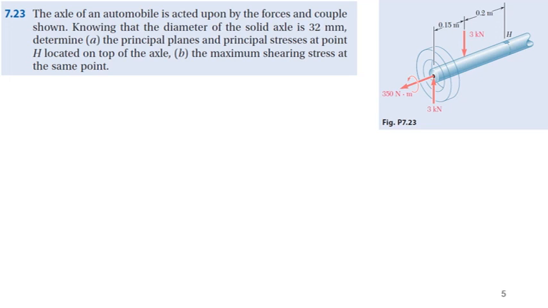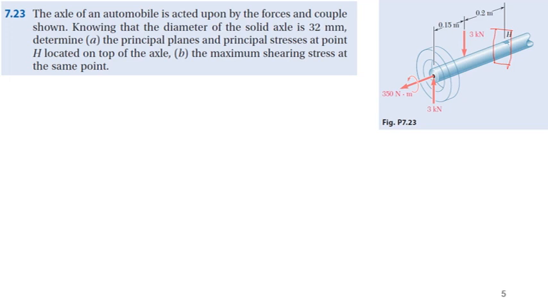Okay, now in order to solve this problem, what we have to do first is take a section over here, taking a cutting plane and passing through that section, and we will transform our force moment system to the center of this section.